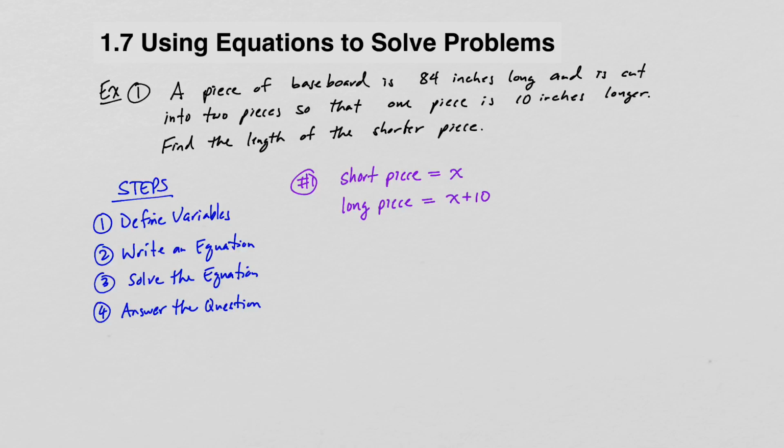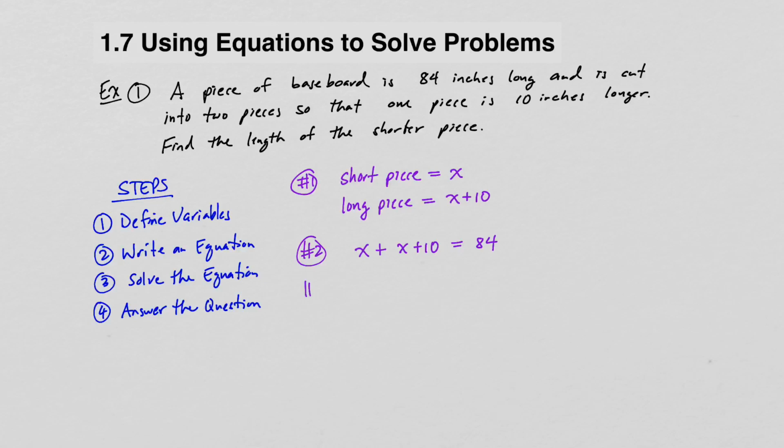Next, we know that the total length of the original baseboard was 84 inches. So that means that if we add the 2 pieces together, we should get 84 inches. So the equation that we're going to write is X plus (X plus 10) is equal to 84.